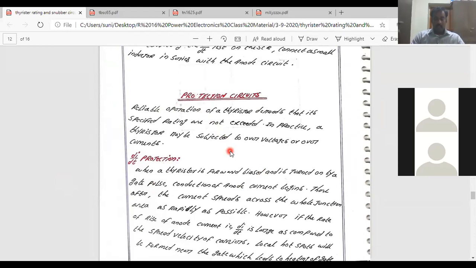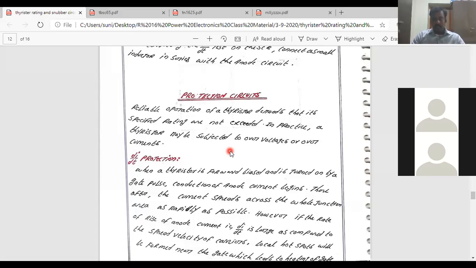If suppose the current rate is increased to 60 amps per microsecond, then what will happen? Due to the rapid increase in the current rate, the junction temperature is going to increase rapidly, and it leads to damage to the device. That is the first consequence of the di by dt value.